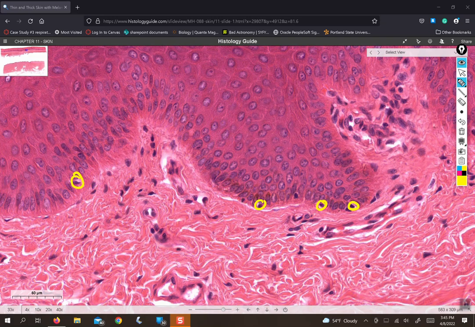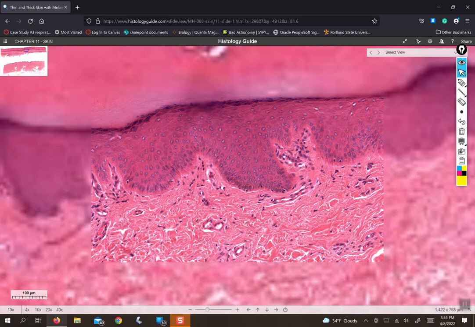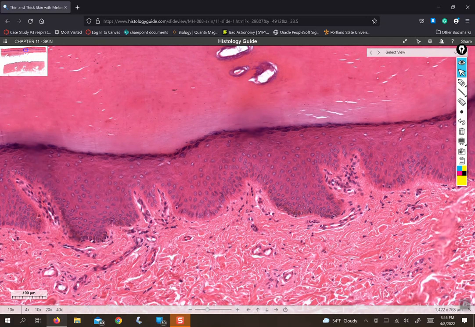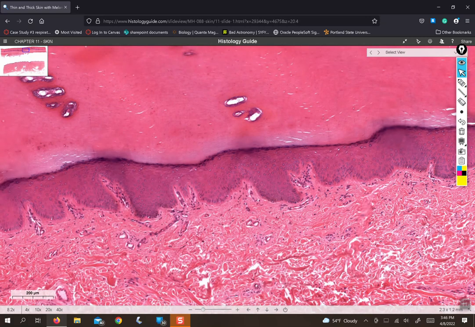Now, because this skin is stained with an additional dye, it's not especially easy to see specifically the melanin that is being used to protect the cell nuclei, but you can see the melanocytes quite well. This is a little bit darker, and you can see areas of darker pigmentation and some even leaking out into the stratum lucidum. Also, really nice stratum lucidum here.